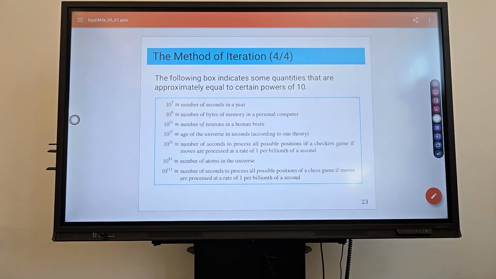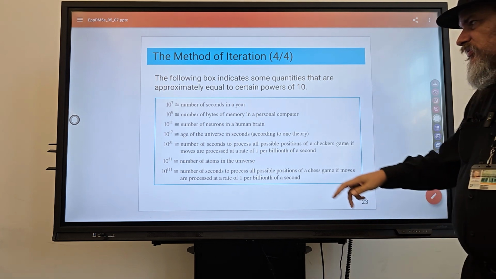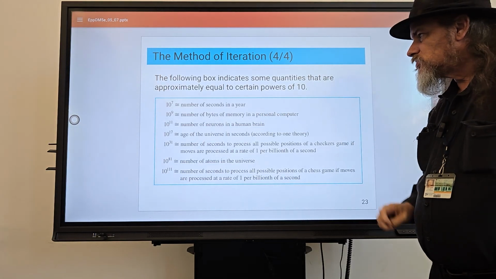Now, why they threw this in here, I'm not sure, but these are some quantities that are approximately equal to certain powers of 10. Number of seconds in a year, about 10 to the 7th. Number of bytes of memory in a personal computer, it's more than that now.